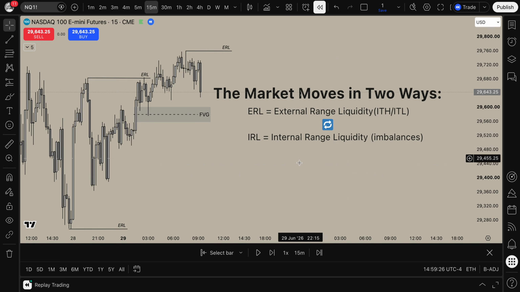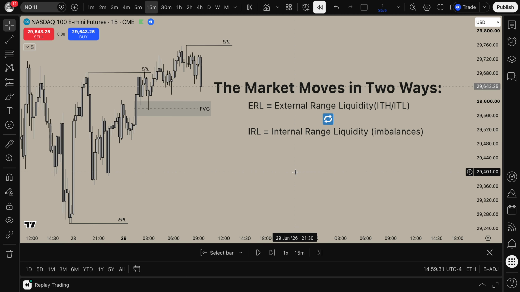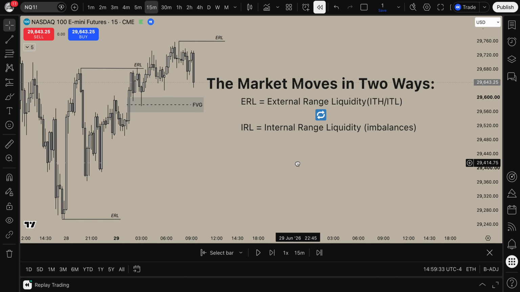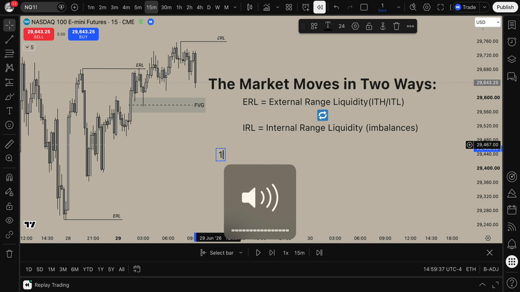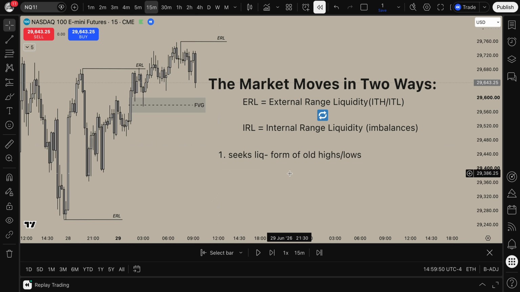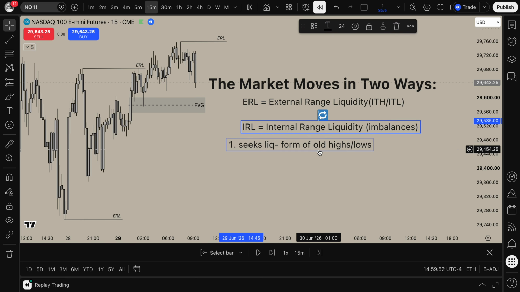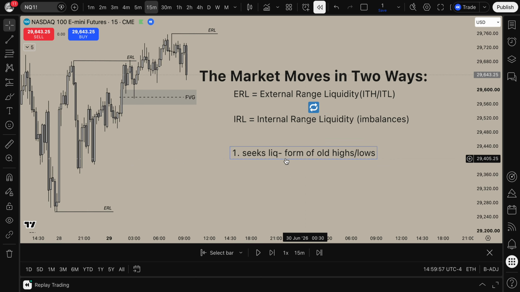So, what exactly is IRL and ERL? You have to first understand two things. The market moves in two ways. Number one, it seeks liquidity in the form of old highs and old lows.